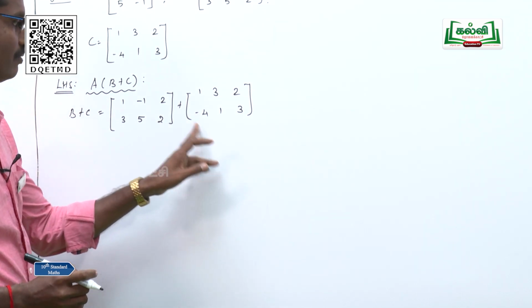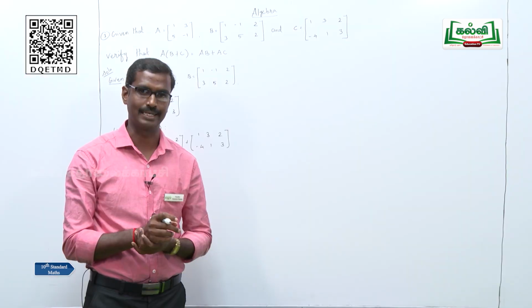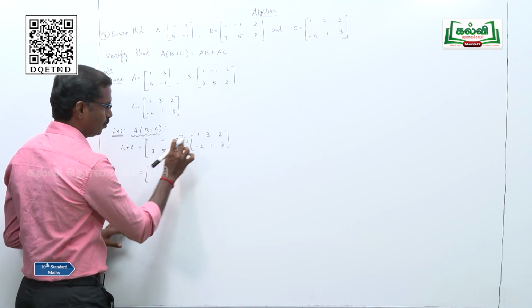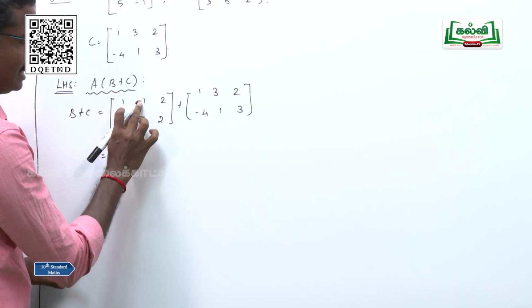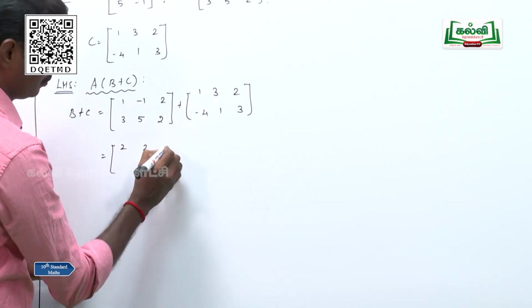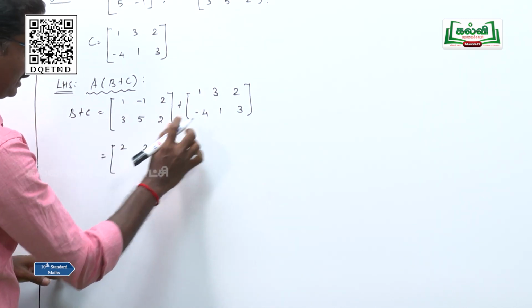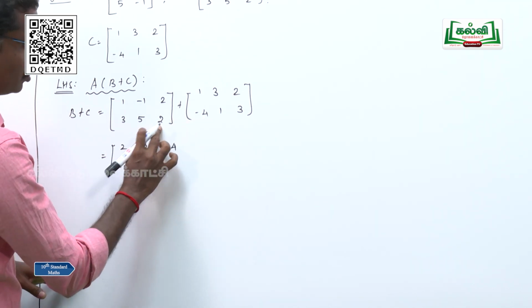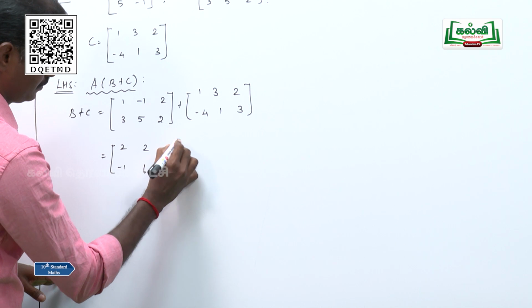Rule for addition of two matrices, just add the corresponding elements. 1 plus 1 is 2, minus 1 plus 3 is 2, 2 plus 2 is 4, 3 minus 4 is minus 1, 5 plus 1 is 6, 2 plus 3 is 5.